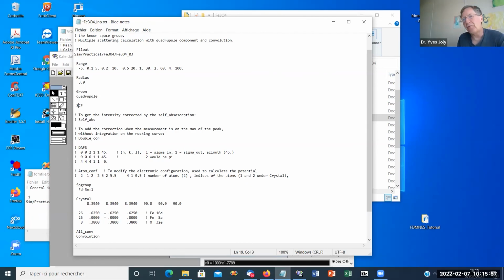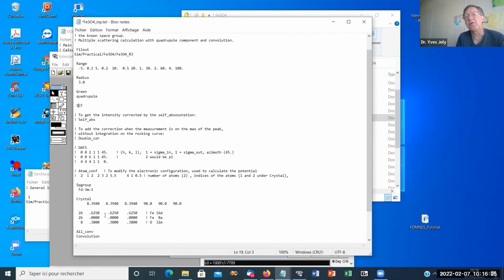Then, for the calculation of the XANES, just at the end, I put the core hole plus an extra electron into the first non-occupied level. So, in some way, only the absorbing atom is excited. It's an approximation. I do that because I found that it was very often the best, but maybe not always.